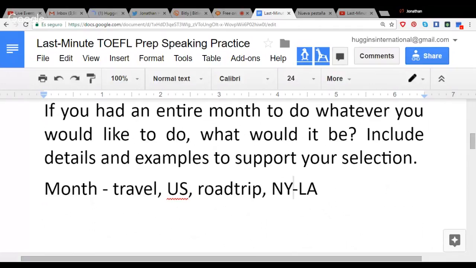For example, I haven't yet been to Tennessee. It would be a great opportunity to see Nashville. There are a couple other states that I have not yet seen, like Louisiana or Mississippi or Alabama, and it would be a great opportunity to visit those places, because I think they have a lot of great Southern culture, and that's why I would love to do a road trip from Los Angeles to New York.